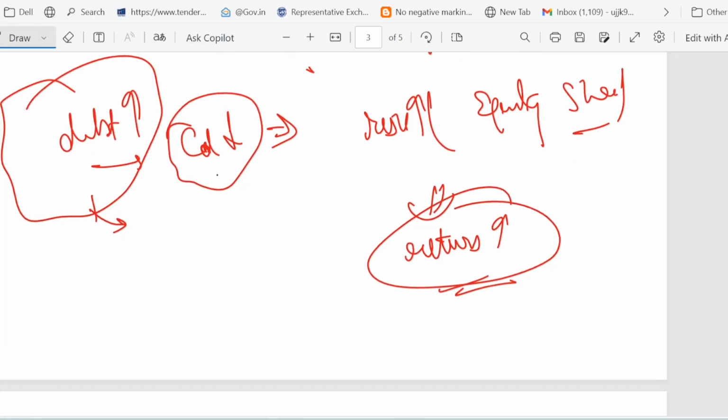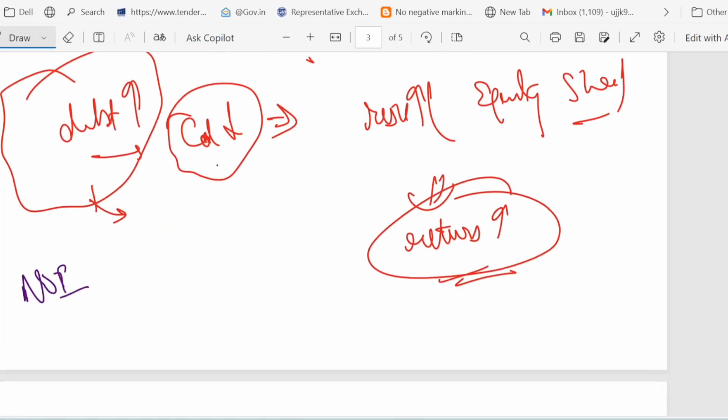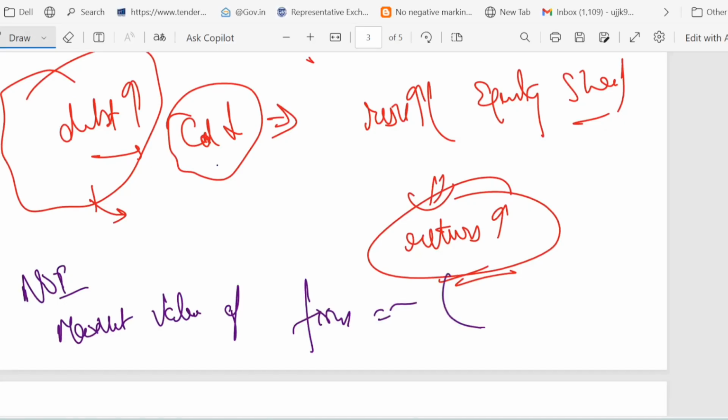So NOI simply says that the market value of the firm is the function of what? It is the function of operating income and the business risk. It does not depend on how much debt or how much equity it has. That means according to the NOI theory, financial leverage has no impact on firm value or WACC.